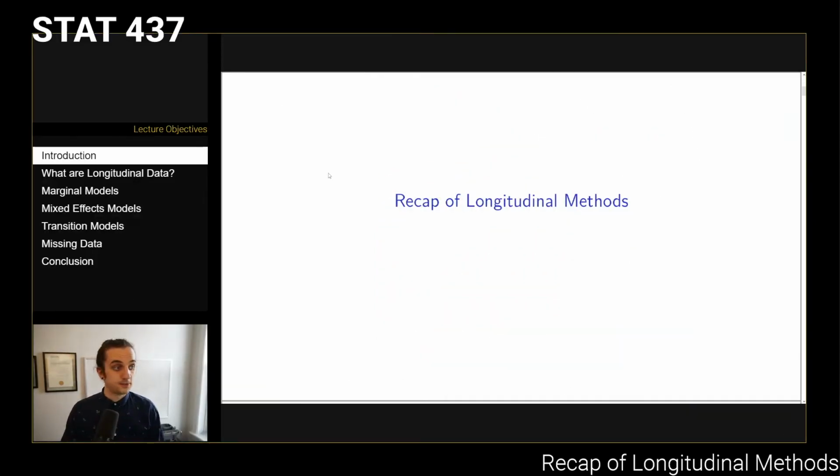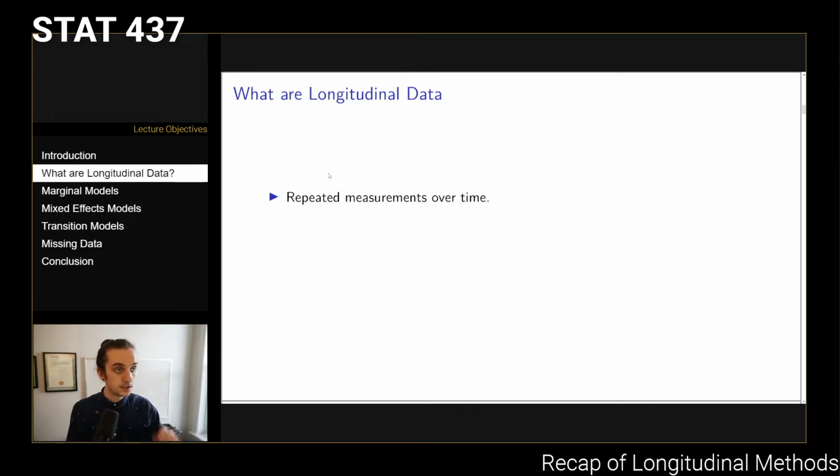So to begin, we can recap where we started, which was talking about what longitudinal data actually are. Right, so with longitudinal data, we're discussing repeated measurements over time. And this is in contrast to how we would normally think about a cross-sectional study, for instance, where we have multiple different groups of individuals at the same point in time. With longitudinal data, we follow a group or perhaps several groups throughout time, and we repeatedly take measurements that are of interest.